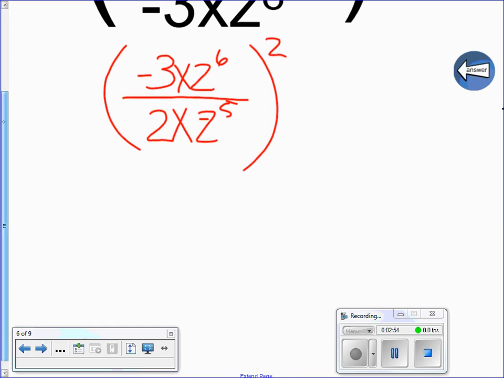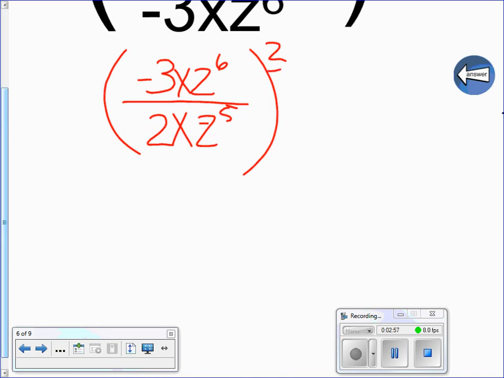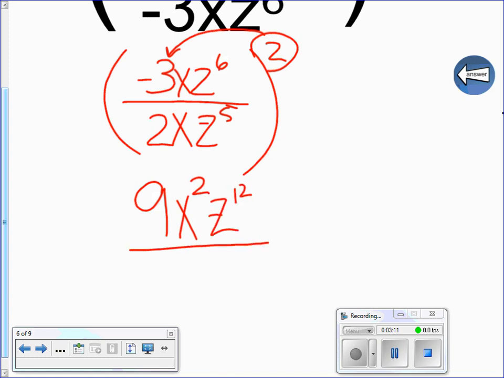Now I distribute this exponent. I have negative 3 squared, which is 9. X to the power of 2, when it's a power of a power, you multiply. Z to the 12th. Now we do the same thing to the bottom. 2 squared is 4.